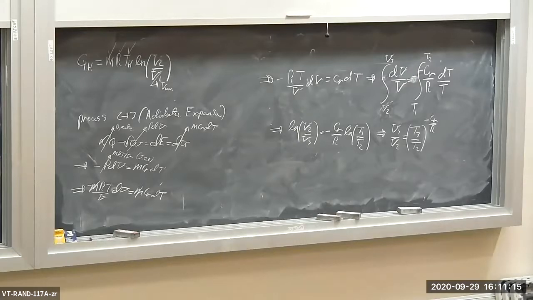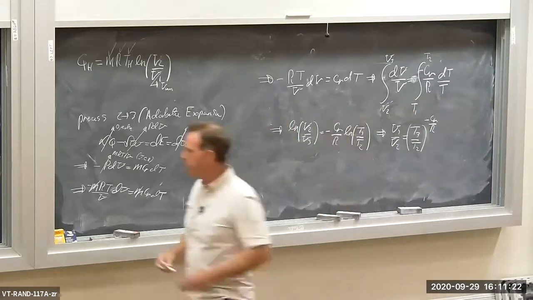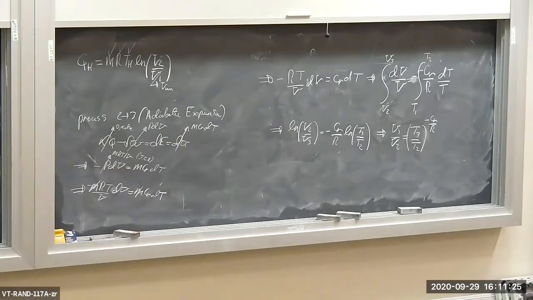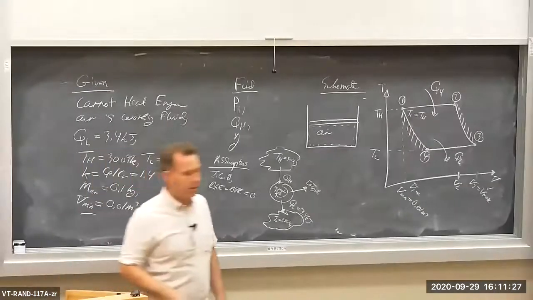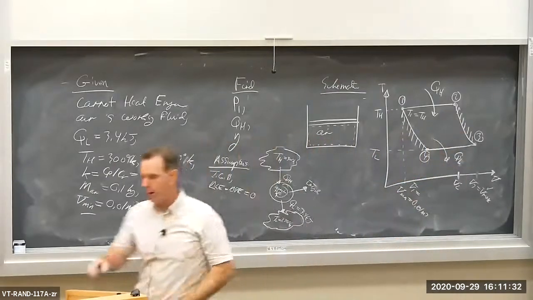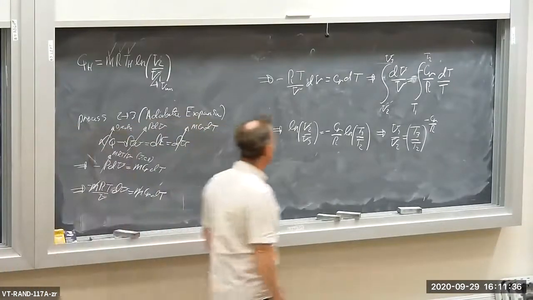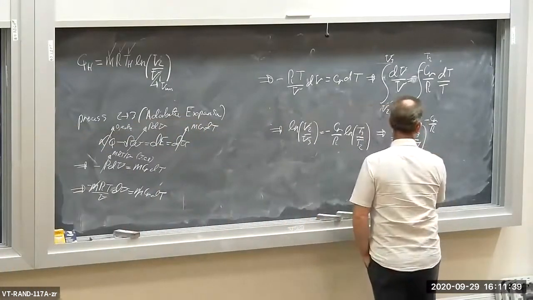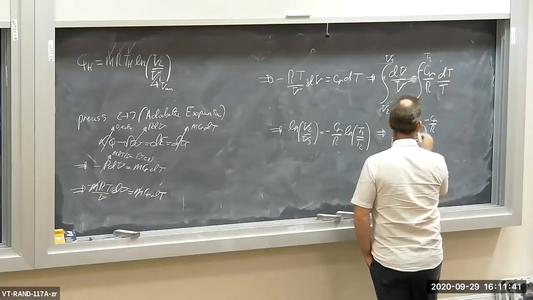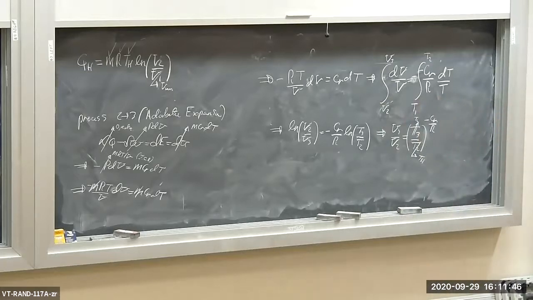Now let's look at this equation here before we get too excited. I know T3 and I know T2. What are those? T3 and T2 are the low temperature and high temperature reservoir temperatures. So I know these temperatures. T3 is T low and T2 is T high. What about V3 or V2? Actually, I'm trying to get V2 here.